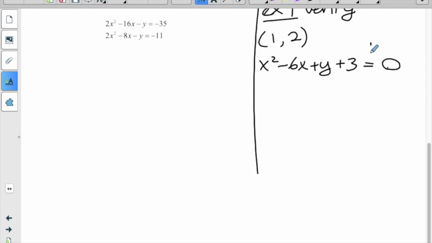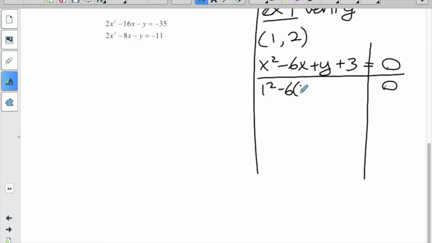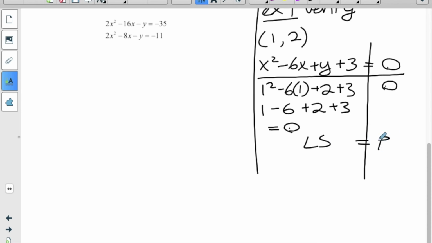Right side is 0. My left side is going to be 1 squared minus 6 times 1 plus 2 plus 3. So that's 1 minus 6 plus 2 plus 3 is -5, -3, 0. We get the left side equals the right side, which is what we want.